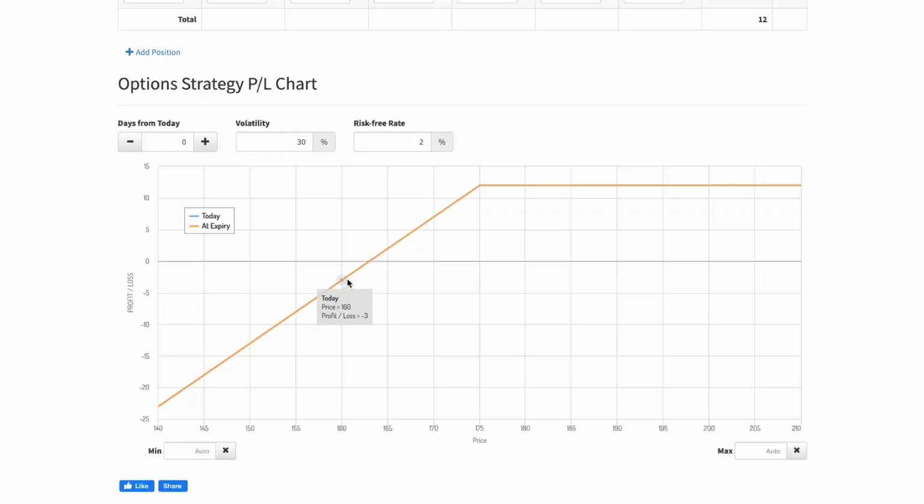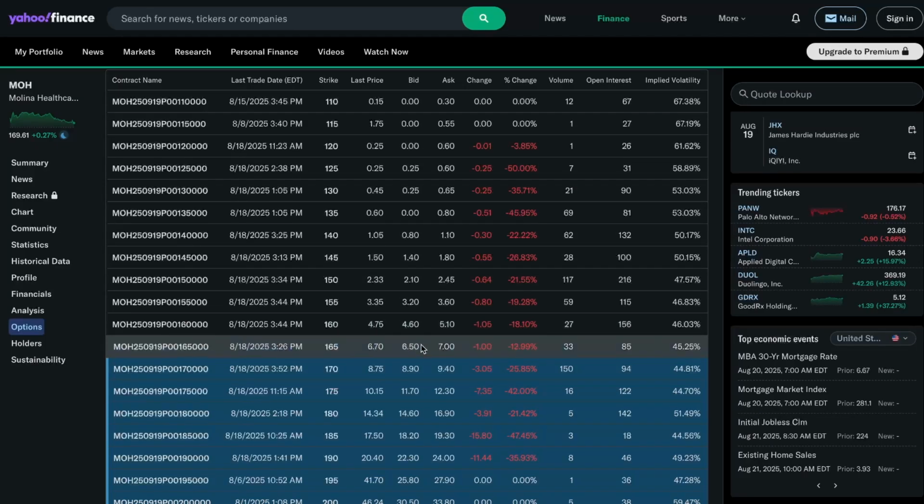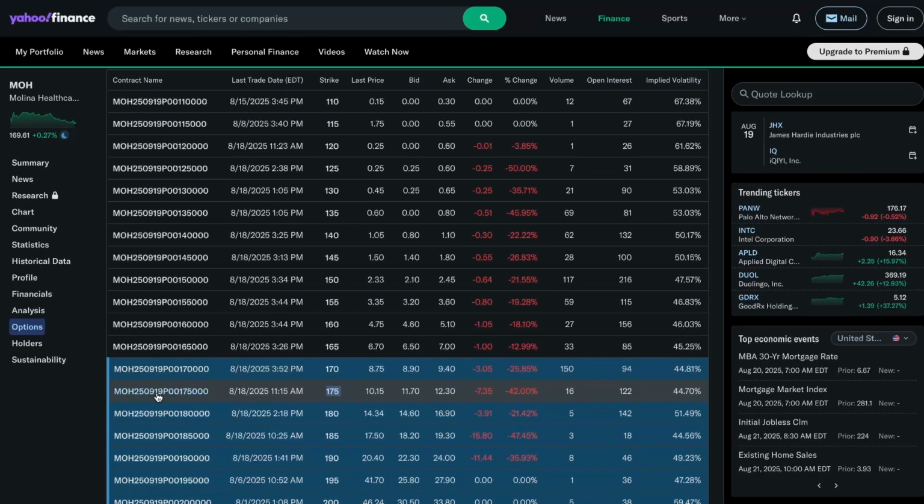Now, just to clarify, because we've pretty much just been talking about per share numbers this whole time, like my premium, it's $12. That's $12 per share here. When you buy or sell an option contract, each contract is on 100 shares. So if you were the buyer of this put contract at that $175 strike price that expires in September, it wouldn't cost you $12. It would cost you $12 per share.